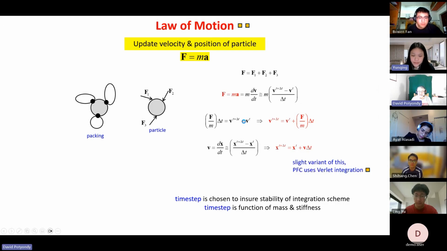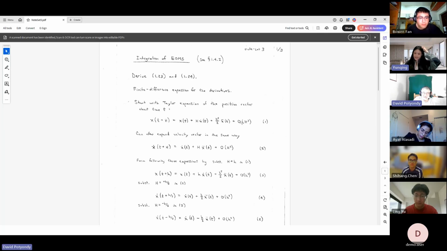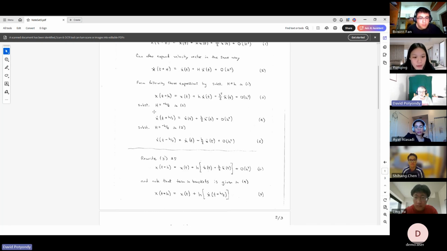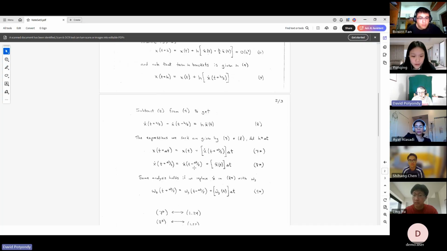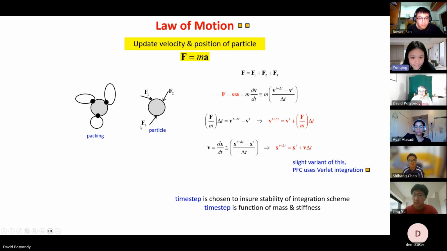And what is this one talking about? Here's this integration business. Here's the finite difference expression, so it's deriving the finite difference expression. Okay. I've given you these things, and I'll keep giving you these slide sets, so you can go through them if you're interested and look at more detail.